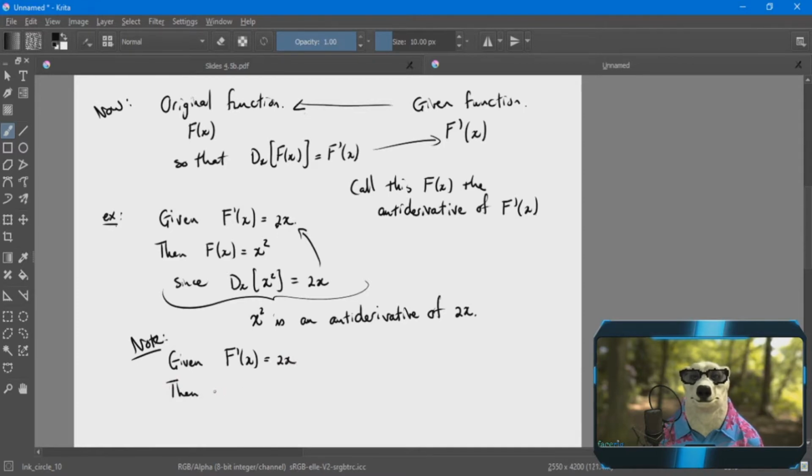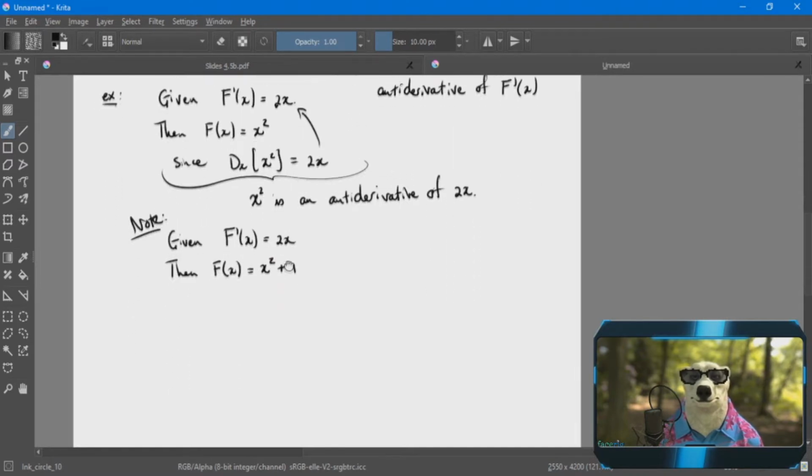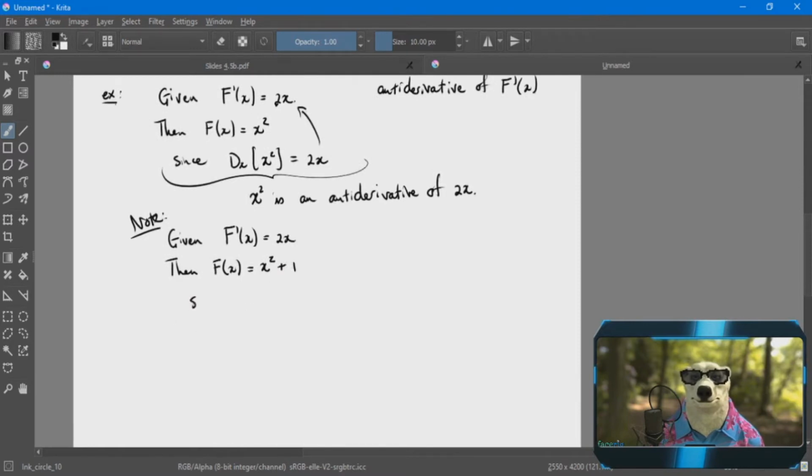Then another option for where this could have come from is x squared plus 1 maybe. Since if I take the derivative of x squared plus 1, then by the sum property, by the constant property, and the power rule, I'll still get 2x.